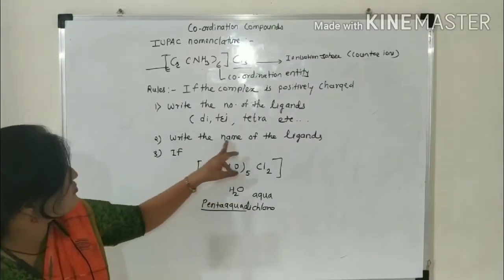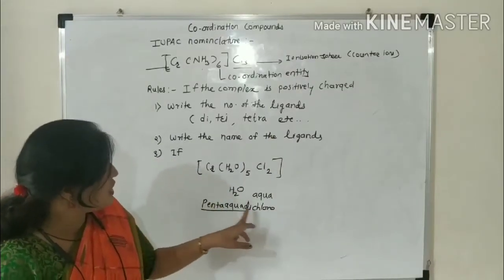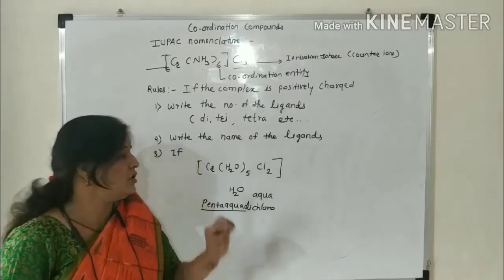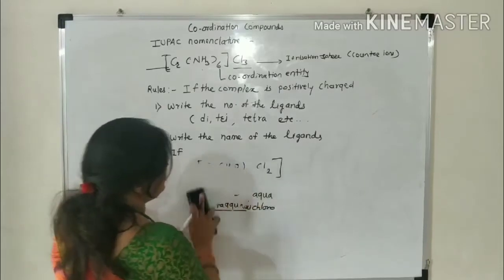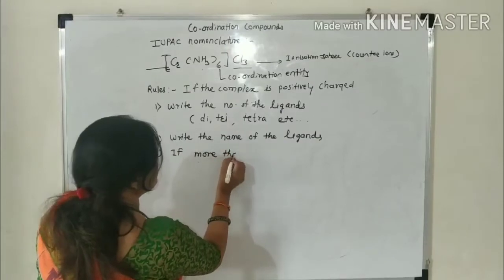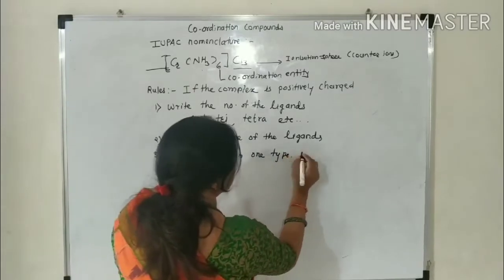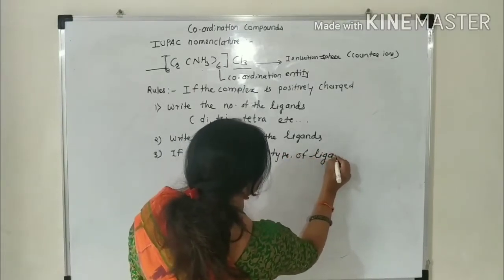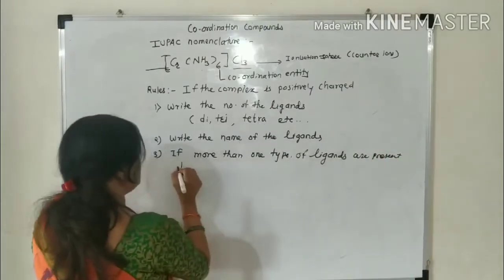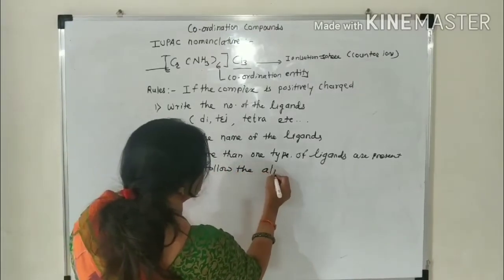Write the name of the ligands. If more than one type of ligands are present, you should follow the alphabetical order like this. This is the third rule: if more than one type of ligands are present, then follow the alphabetical order.